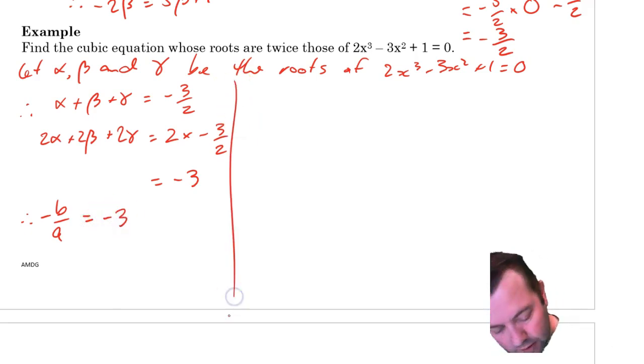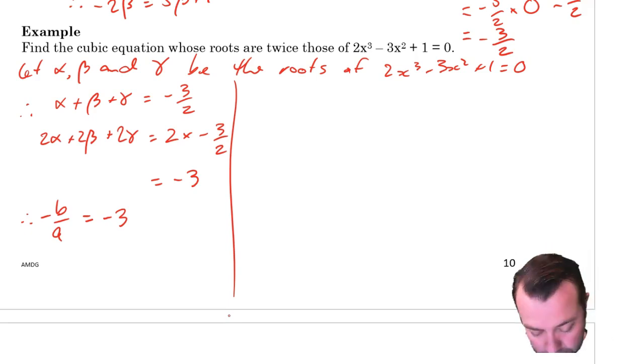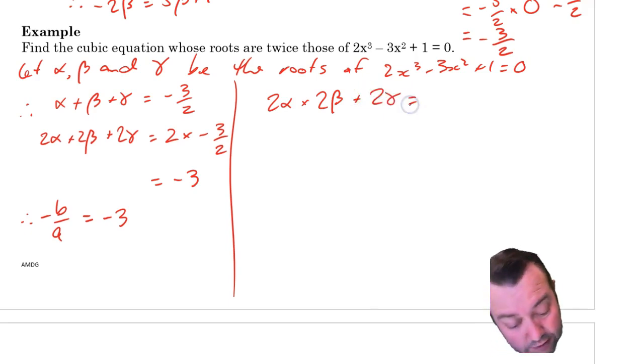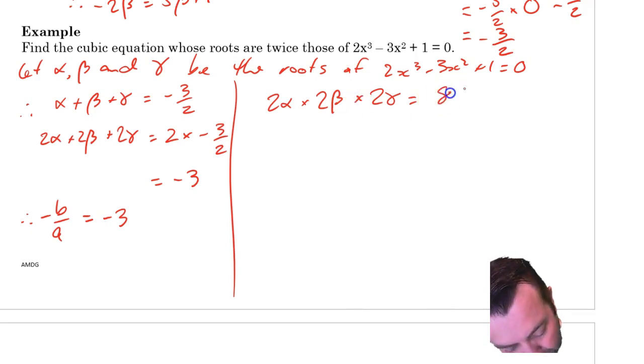Right, partway there. Next step we're going to look at here is 2 alpha times 2 beta times 2 gamma, careful, that's a times, not a plus, equals 8 outside of alpha, beta, gamma.